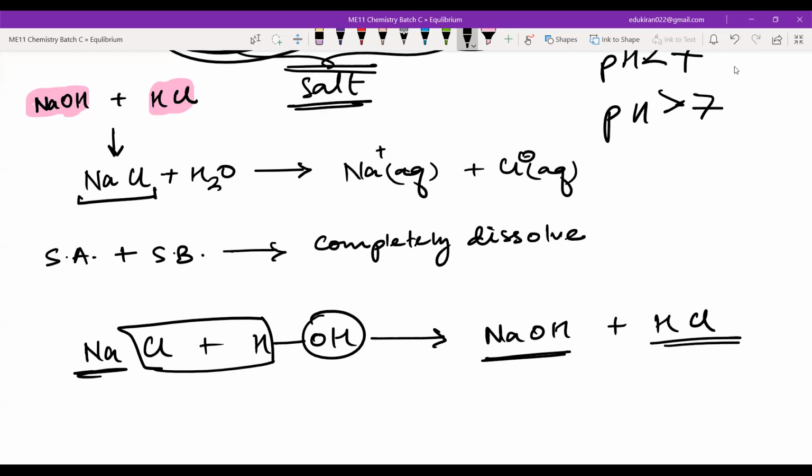So the OH and H plus combine together to form water, and you get Na in aqueous solution and Cl minus also in aqueous solution. Only because we have strong acid and strong base, prepared by strong electrolytes, this is completely dissolving.